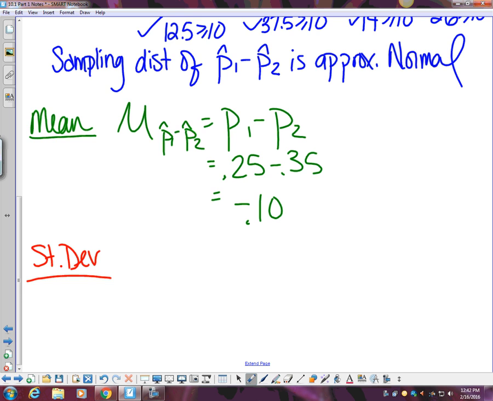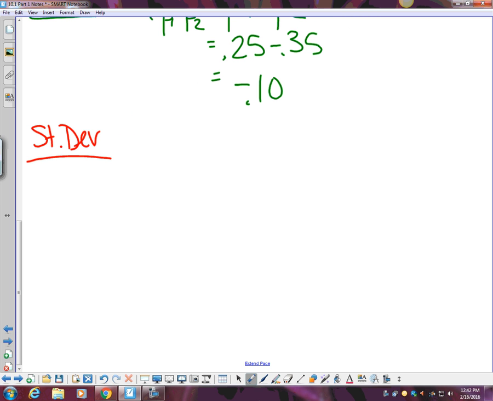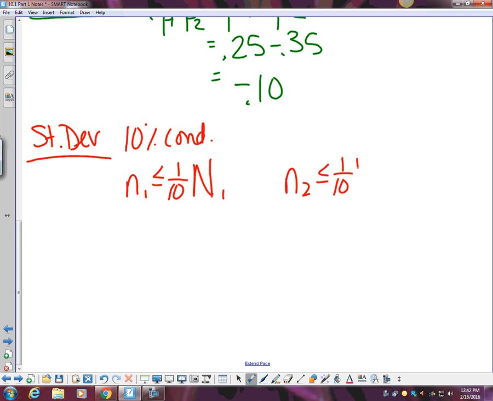And what's the first thing you have to do before you can touch the standard deviation is to show the 10% condition. So you have to show that guy, and you have to show that guy.